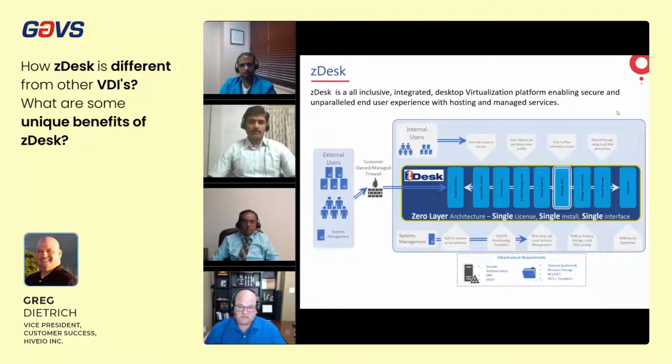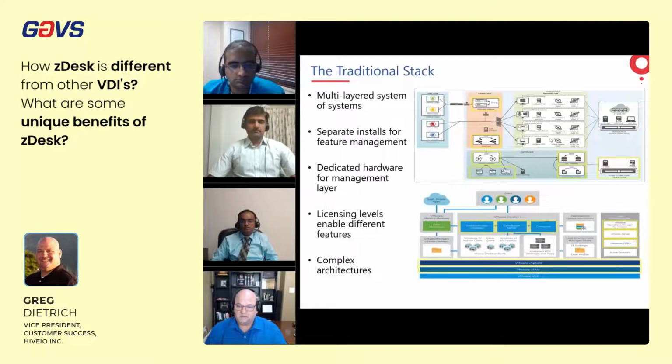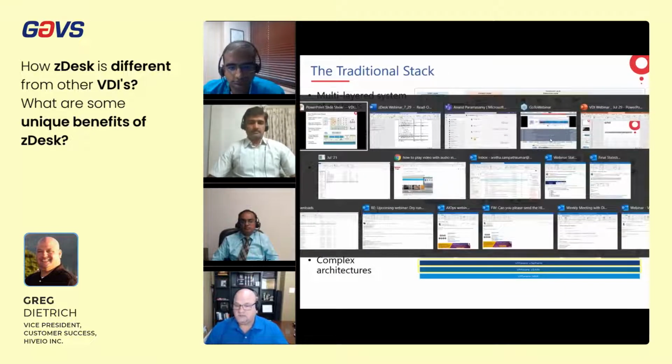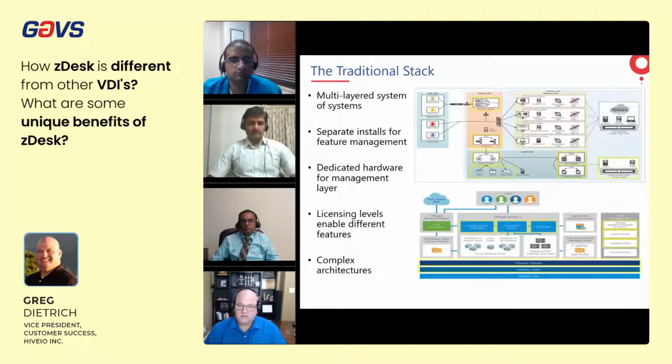In your typical or traditional VDI architectures, you've got several components, right? And these components still exist within the Zdesk platform, but in these traditional approaches to VDI, and these are reference architectures from some competing vendors, all of these are different components, right?